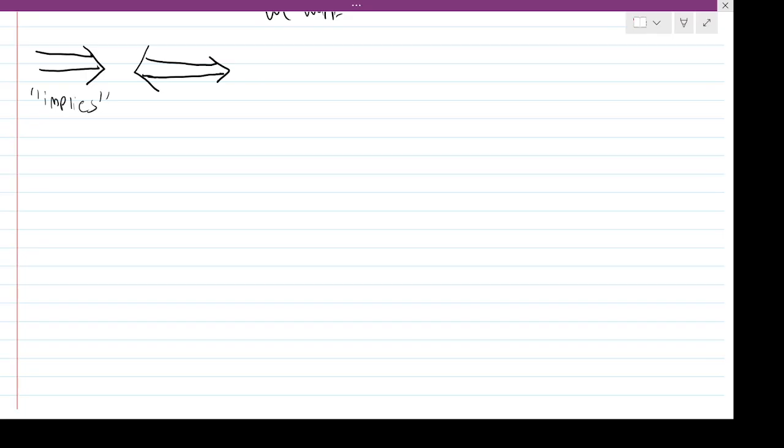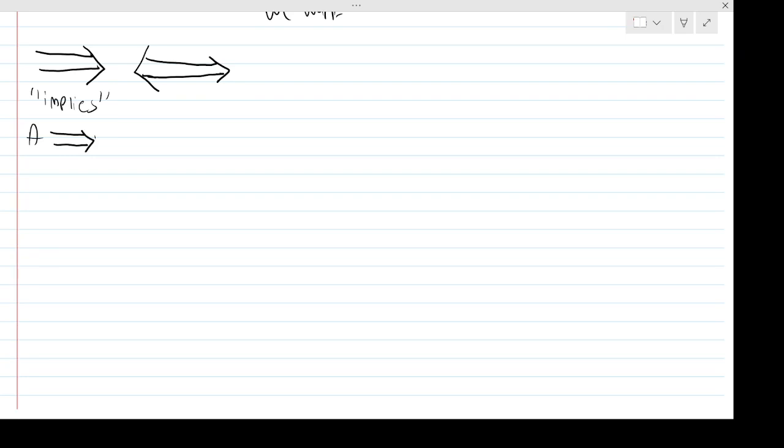So what that means is if we have two statements, A and B, in this example we would say A arrow B, that means A implies B. Right? So that means if A happens, then B happens as well. Automatically, if A is true, then B has to be true as well.